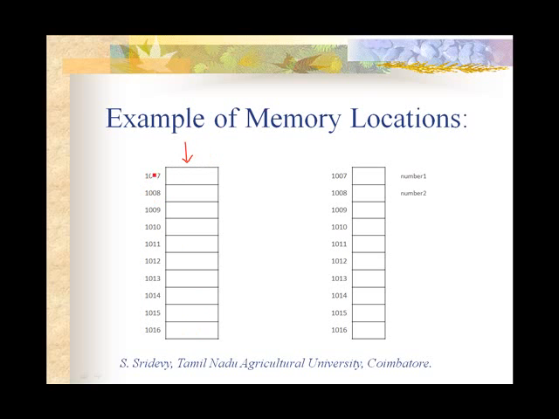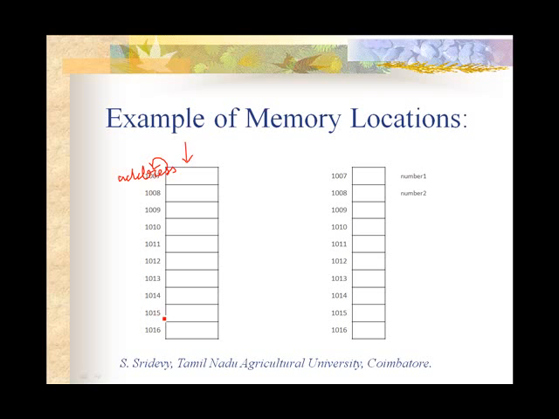Each and every memory location has got its own address. And these addresses are machine dependent. We don't know the address of a memory location in the computer as it is machine dependent. It varies from computer to computer.